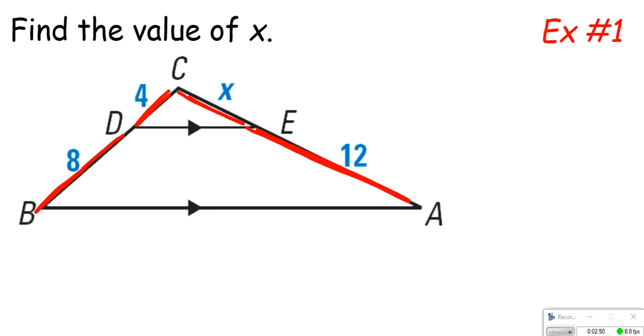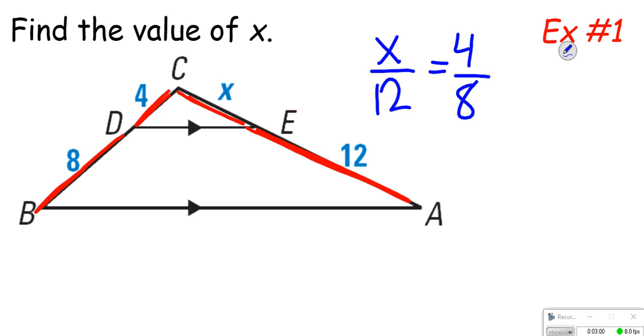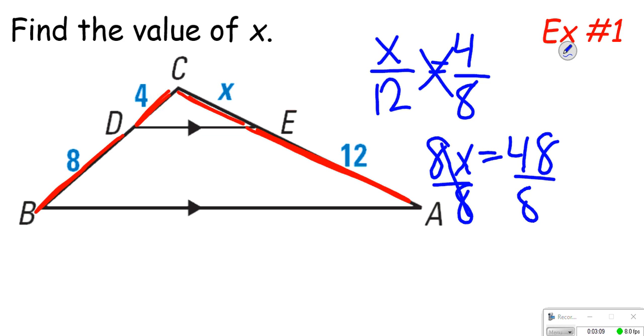So it doesn't matter where you start when you set it up. I always just like to start with my variables. So we know that x to 12 equals 4 to 8. And then we can cross multiply to solve. So 8x equals 48. Divide both sides by 8. And we get x equals 6.